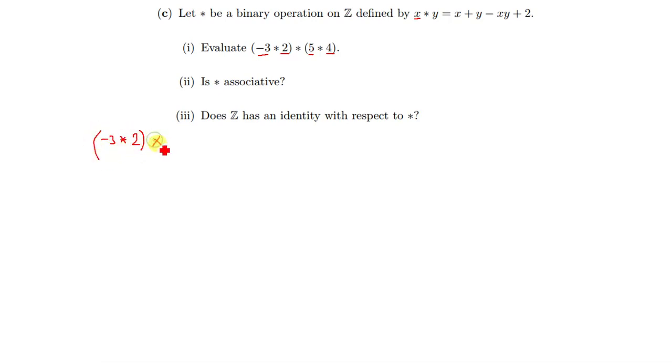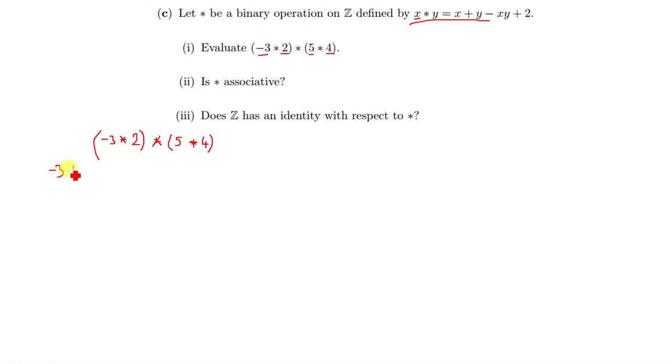So in other words, what I'm trying to say is this. So let me just copy the question. Yes, like this. So I'll start first by dealing with this part, and then I'll come to this other part. So where there is x in this expression, I'll put negative 3.